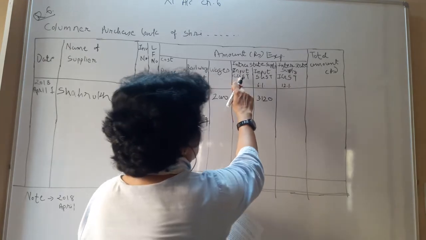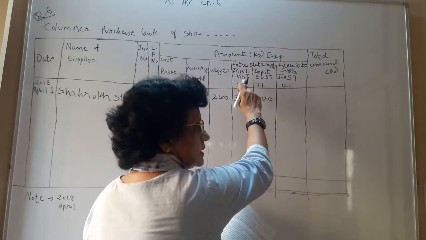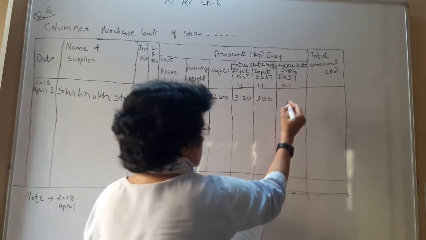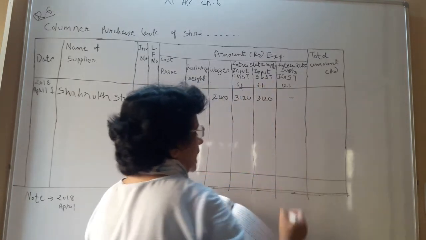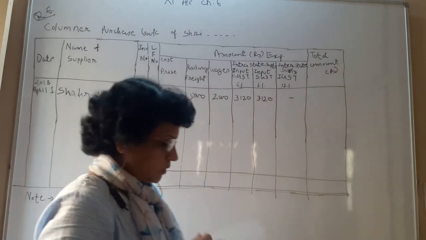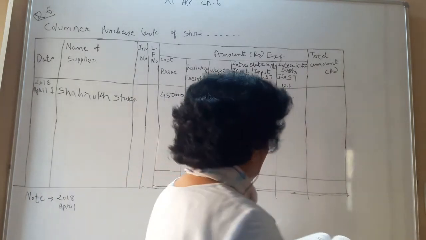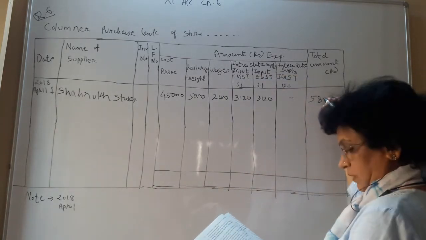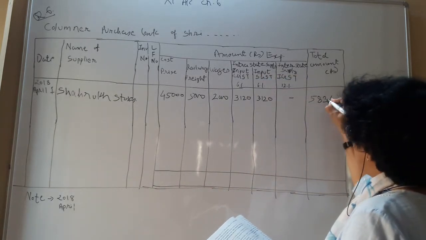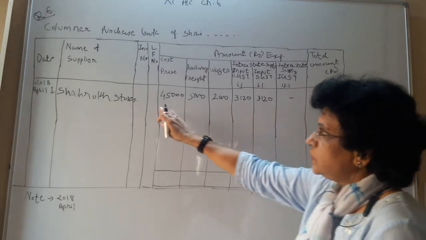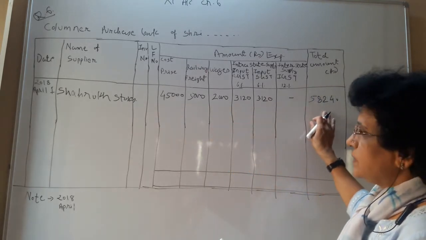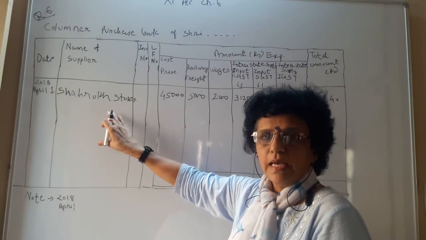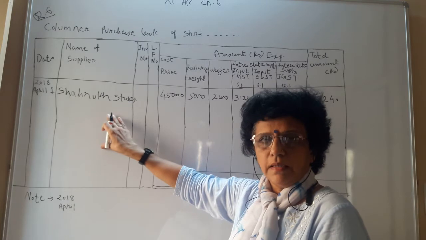So this belongs to the CGST, that is the central, and this belongs to SGST, that is the state. IGST is not applicable because it belongs to our state only. The total will become 58,240. So 58,240, the first transaction recorded, because it is a credit purchase transaction and all the expense matters are informed to us.